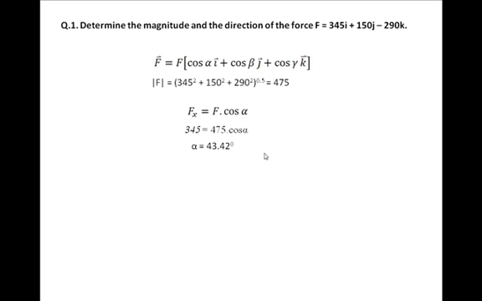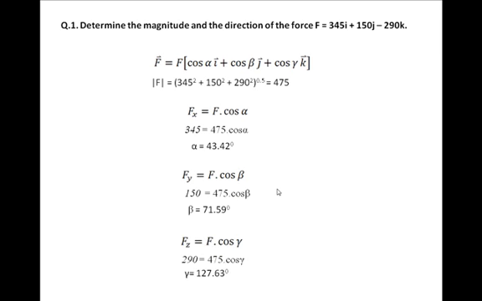Similarly, we can write Fy as F cos beta, put Fy as 150, magnitude 475, so 150 is 475 cos beta, you get your beta, and similarly you get gamma. So we answered the question: we have found the magnitude 475 and the inclination with each of the axes, that is angles alpha, beta, gamma. So I have completely answered this question.